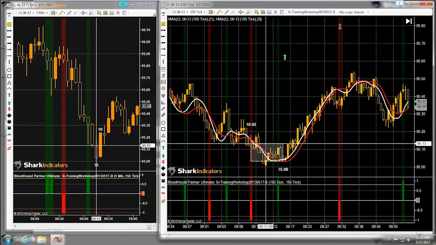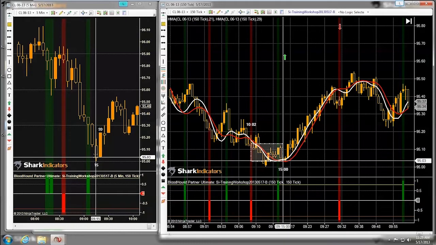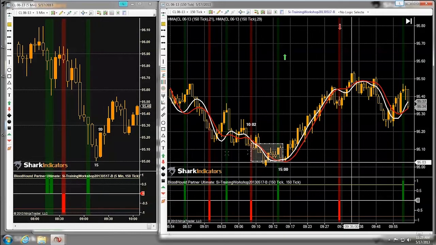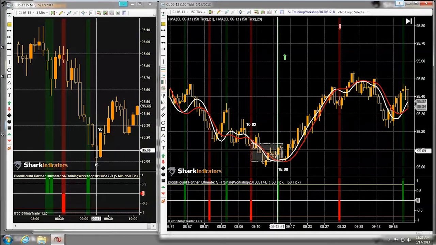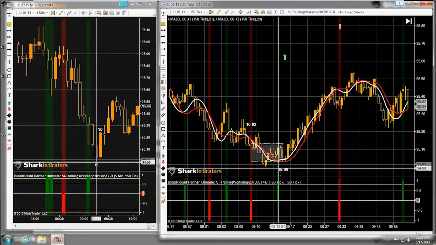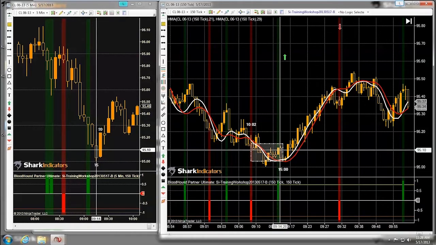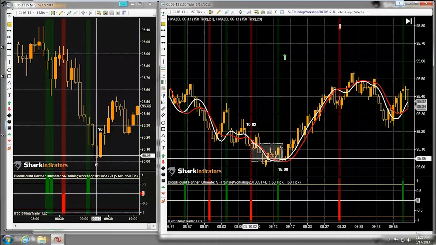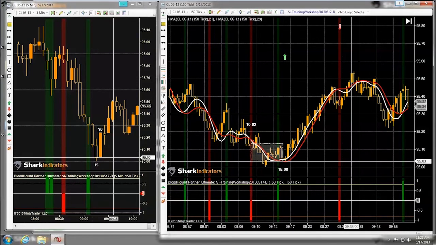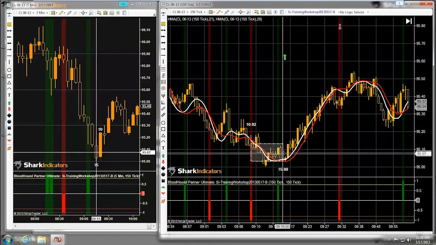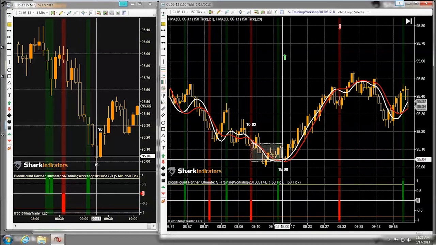Okay, so our white triangle represents the 9:15 5-minute bar. What happened is, you can see we got a cross up here, but it occurred 2 bars afterwards. So the 5-minute bar was still being built. When the 5-minute bar closed, on the tick chart, the 2 bars had already passed.